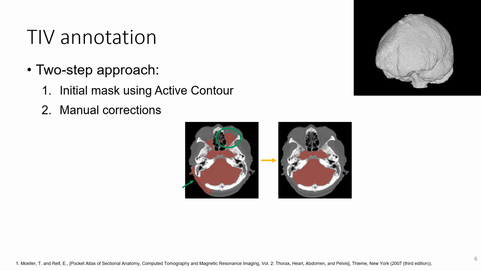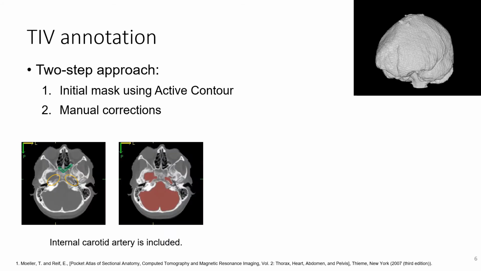As we approach the base of the skull, we notice there's a lot of complex structures such as arteries, sinuses, foramen. We've made sure to use brain atlases to help us determine which areas are to be included. This is an example where we've included the internal carotid artery in our delineations.